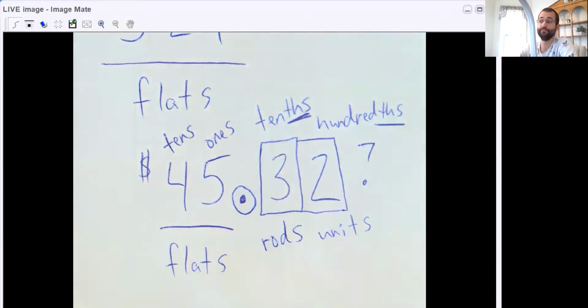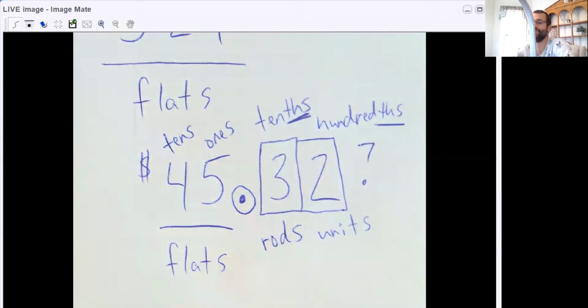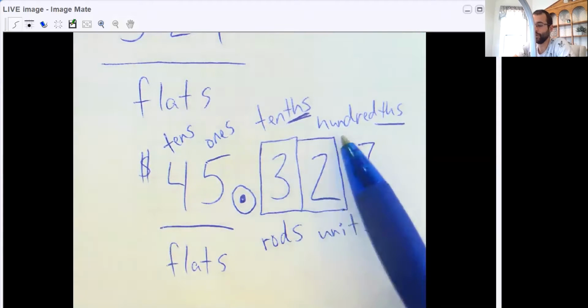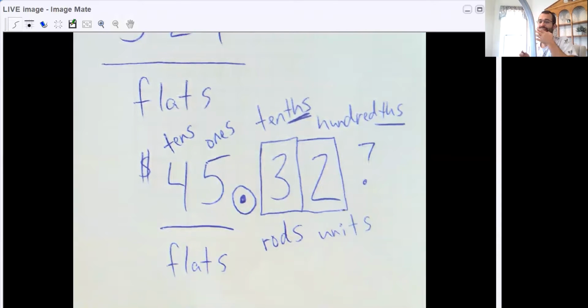Okay, now this can be confusing if you don't look at this carefully. Notice how it's not the tens, it's the tenths. Okay, and the place next to that is the hundredths place. Okay, so we have the tenths and the hundredths that come to the right of the decimal. Now, how do we look at these two places? What do these look like?